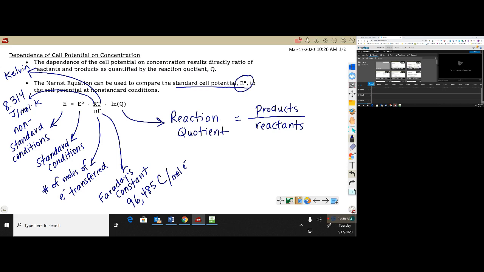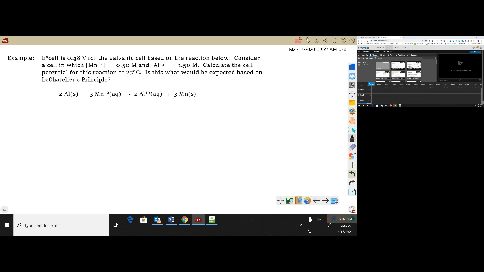It may not be 1 molar. That's a lot. But all of those variables are spelled out for you in the packet. We just have to know that this is how we use the Nernst equation when we have a cell that's operating under non-standard conditions.